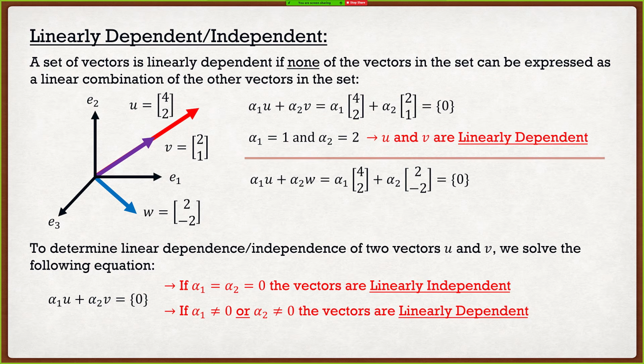But if we were to look at the vectors u and w, alpha 1 times 4, 2, and alpha 2 times 2, -2 is equal to 0, what we see is alpha 1 and alpha 2 are equal to 0. That's the only solution in which that equation holds. Therefore, these are linearly independent.